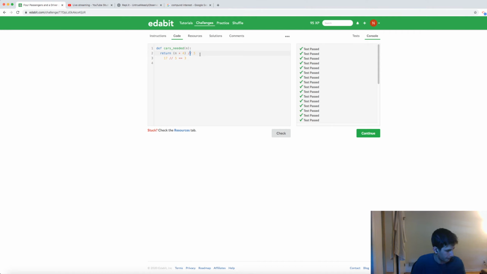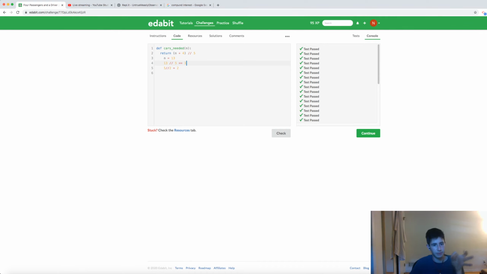So here, if n equals 13, 13 divided by 5 is 2 point something, but 13 people don't fit into 2 cars, 13 people fit into 3 cars based on our definition. So what we need to do is add 4 to this number to get to 17.